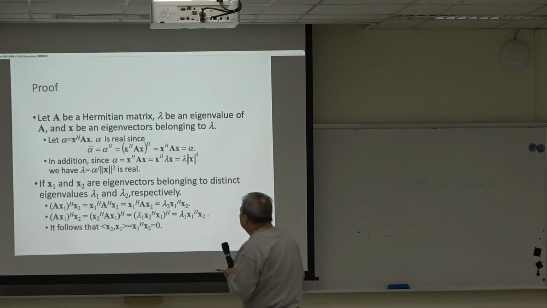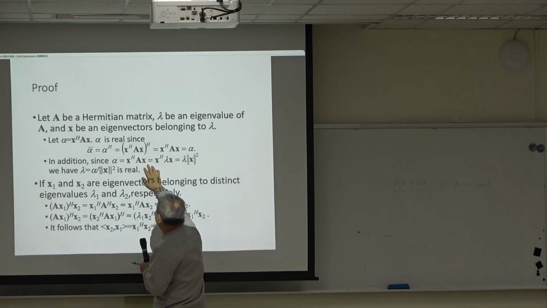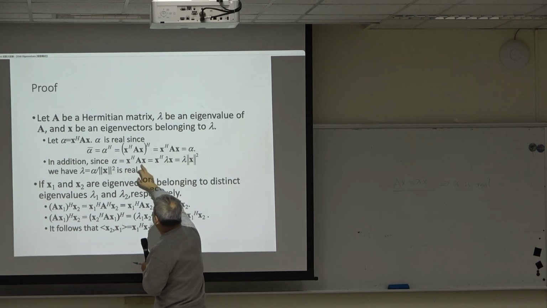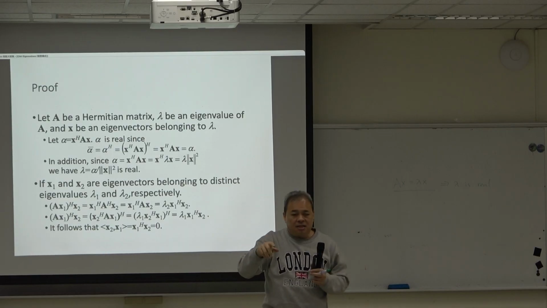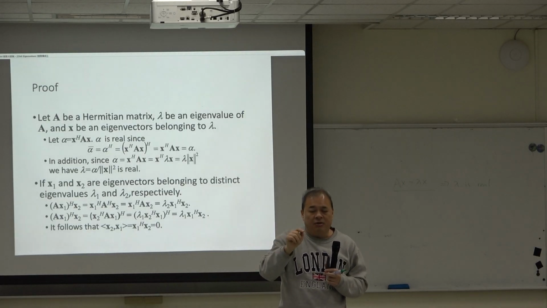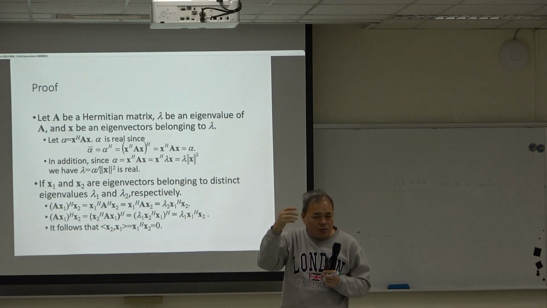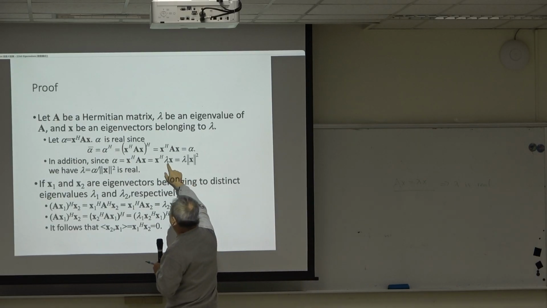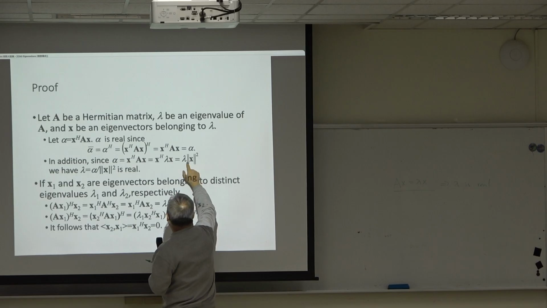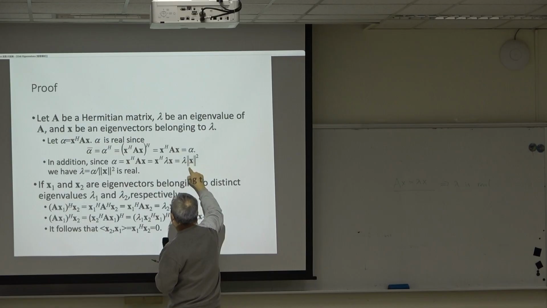So since alpha equals x^H A x, equals x^H lambda x, because Ax equals lambda x. Here x is our eigenvector and lambda is the corresponding eigenvalue. So we can get the lambda in front. So it's going to be lambda times x^H x, which is the square of the length of x.